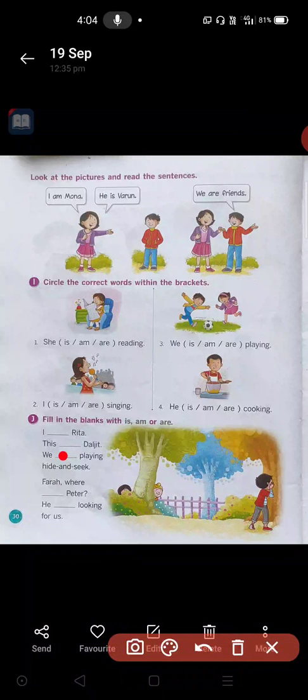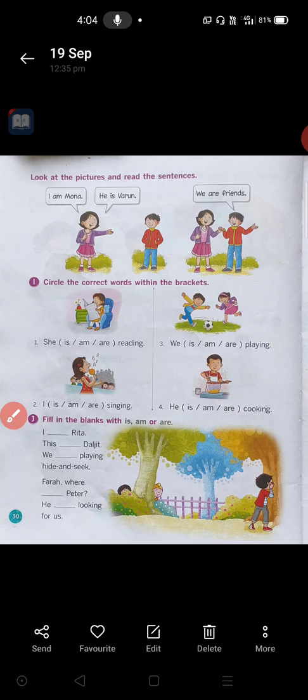Hide and seek. Then Farah, where dash Peter. What to use here? Where is Peter, or am Peter, or are Peter?